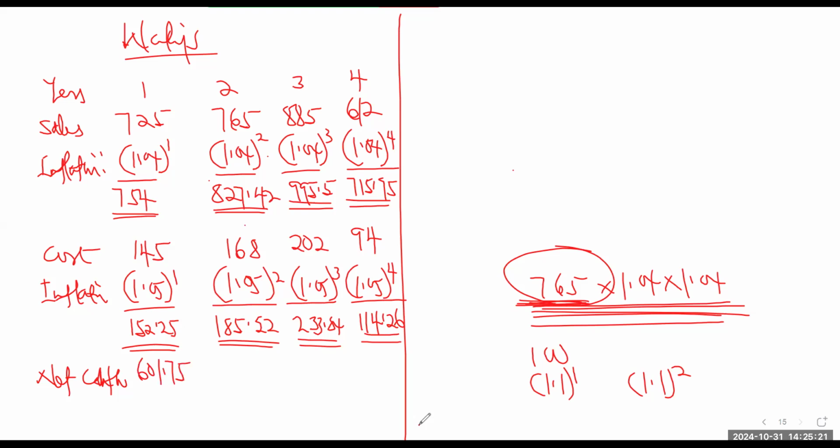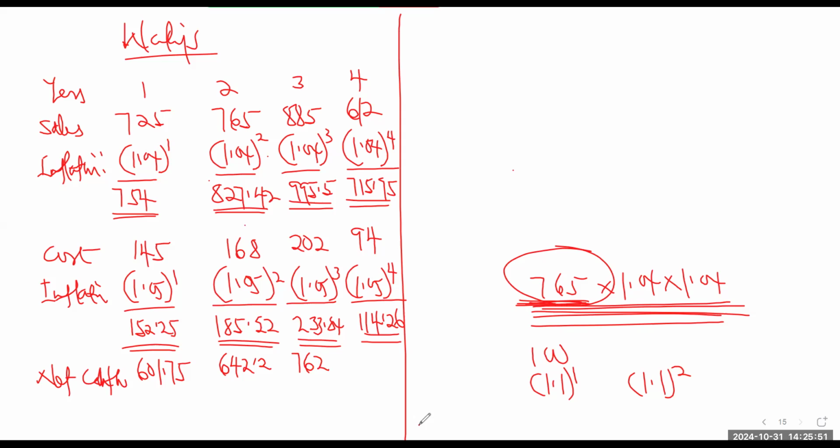Year 2 is 642.2. 723.38. Year 4 is 601.69.